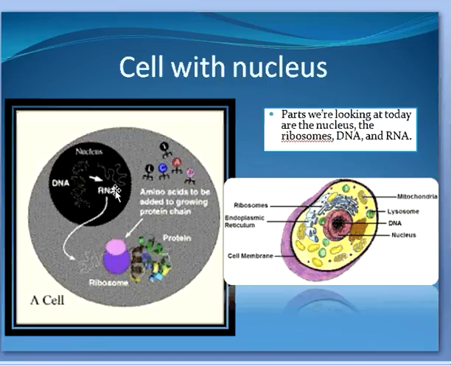I like this rendition for our purposes, but I wanted you to remember that there are certainly other organelles within the cytoplasm, which is all out here, floating around in that cytoplasm.